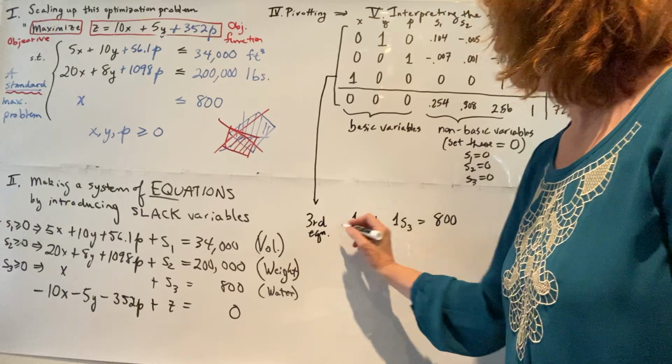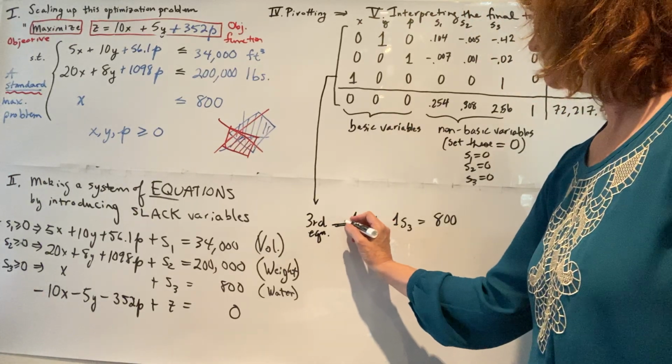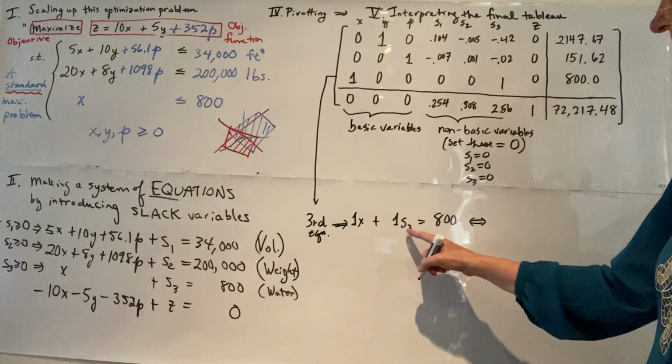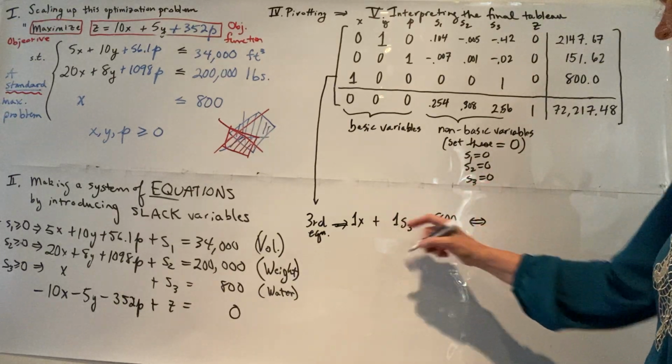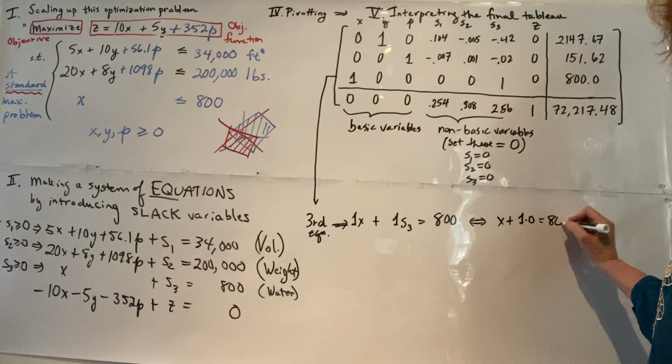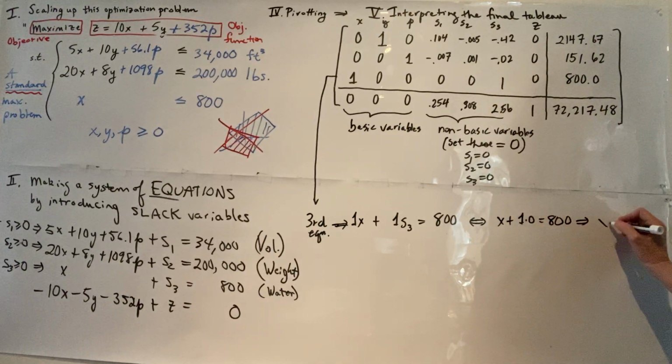Third equation becomes this. Well, that's the same thing as saying, since S3 is equal to 0, then we've got x plus 1 times 0 is equal to 800. In other words, we now know what x is. X is equal to 800.